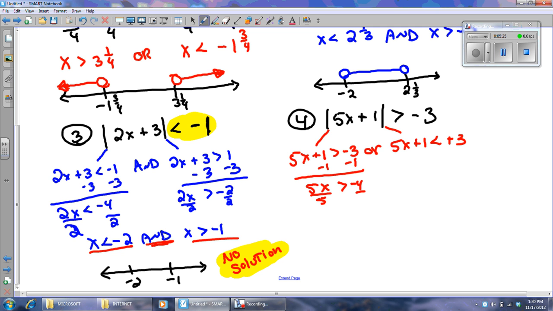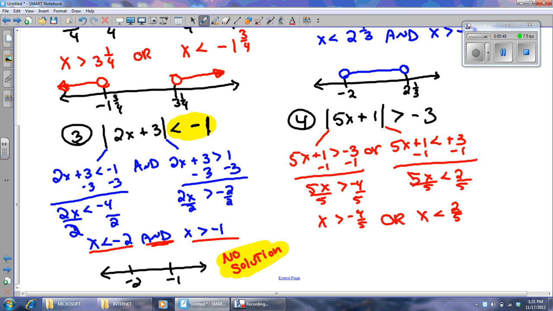Divide by 5, divide by 5. So I need x is greater than negative 4/5. And it's an or problem. I'll subtract 1. I'm going to get 5x less than 2, dividing by 5 will get me x is less than 2/5.